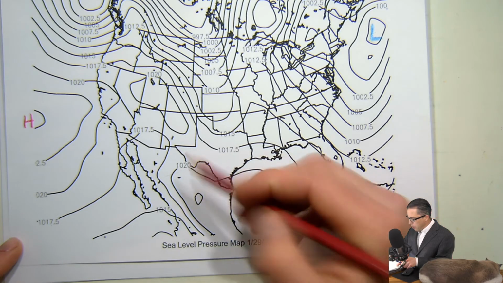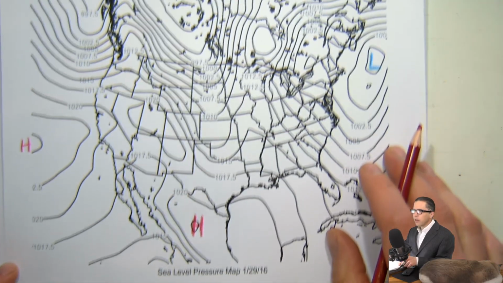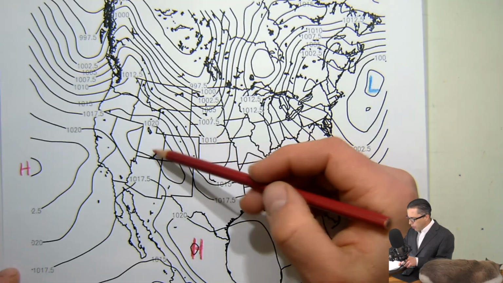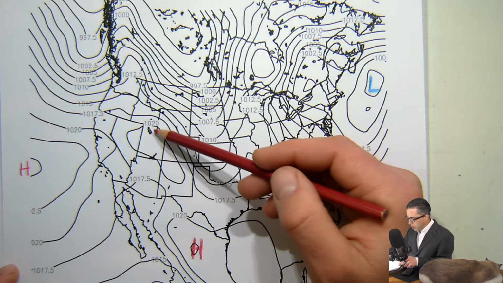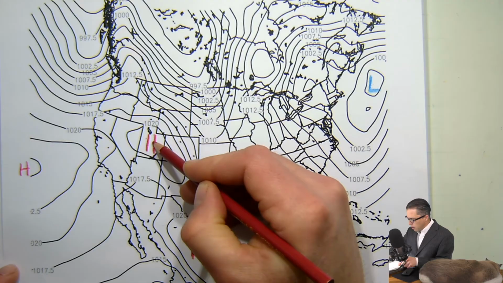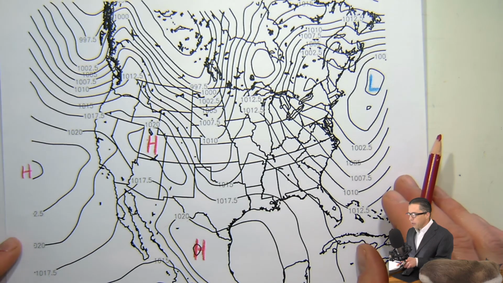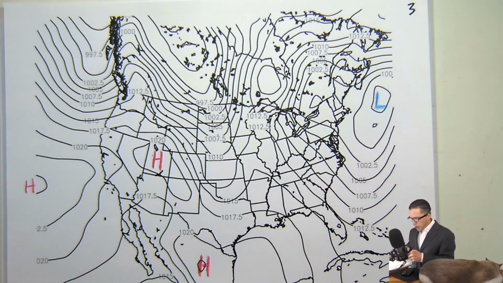That one doesn't have a number, but there's our high right here. There's another little high sitting over the Four Corners area. So this 1020 is bigger than anything around it. So there's a high.